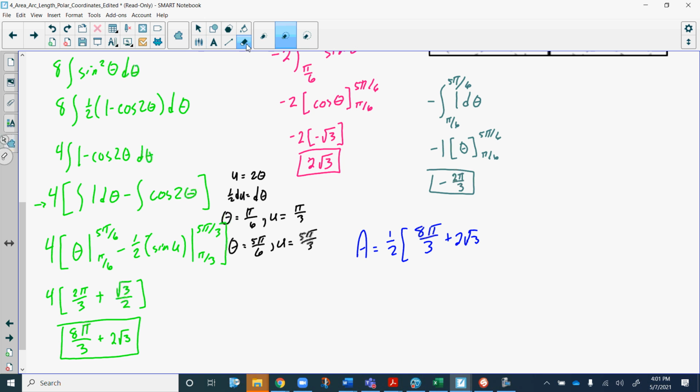This negative isn't actually supposed to be on that 2 when I worked it out, but the negative is going to be on the radical 3, so this is a negative radical 3. So we're going to say minus 2 radical 3, and then minus 2 pi over 3.